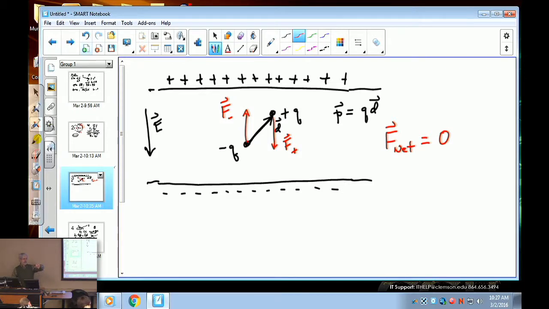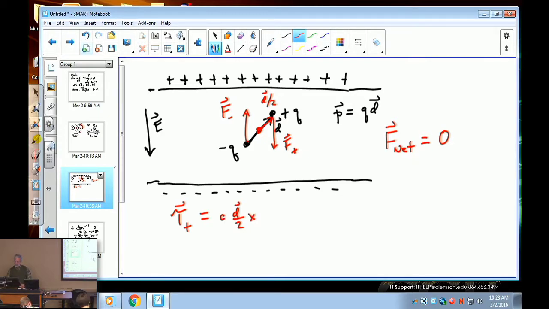But there is definitely a torque on the dipole. You can see that the torque is going to try to torque it over. So if you calculate the torque, the easy way is to calculate the torque on the positive end, and we're going to calculate it about the center of mass. And of course this vector here, which is the radius to the positive charge, is d over 2. So it's going to be r cross F, right? So d over 2, and the force is going to be qE.